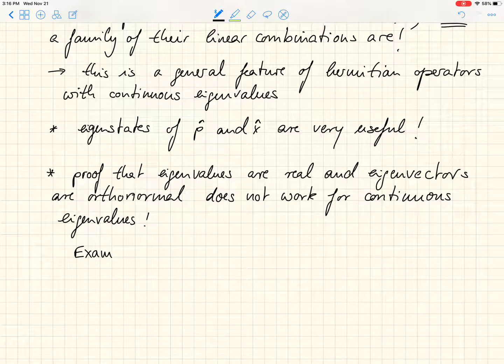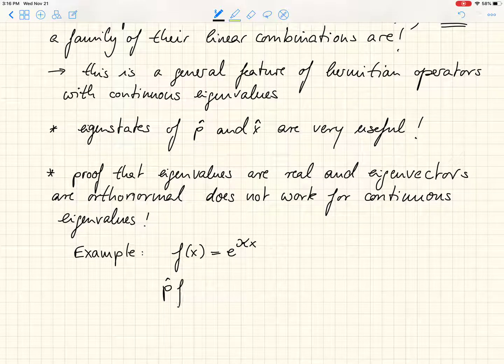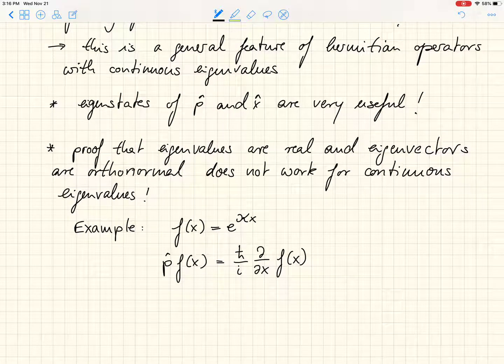An example for that is, for instance, take just the real exponential, so f of x is equal to e to the kappa x. If we apply the momentum operator to this, in the real space representation, that is this derivative. And if we take the first derivative of an exponential, we get the exponential back.